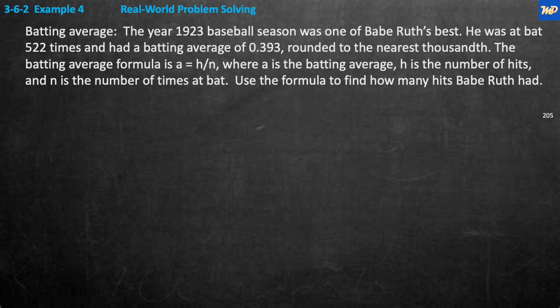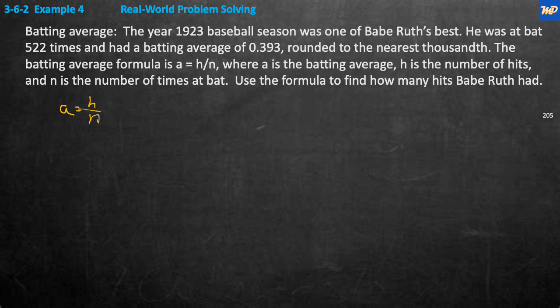The batting average formula is A. I'm going to write it down so we can find it quickly again. It's A, the average, is equal to the hits, H, over N, the number at bat, where A is the average, H is the hits, and N is the number of times at bat. Use the formula to find how many hits Babe Ruth had.